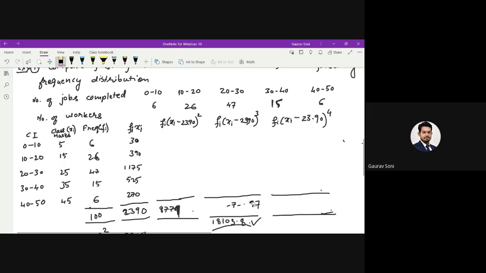Let's write it down. This is wrong. 18103.8 is correct. It won't come in negative.